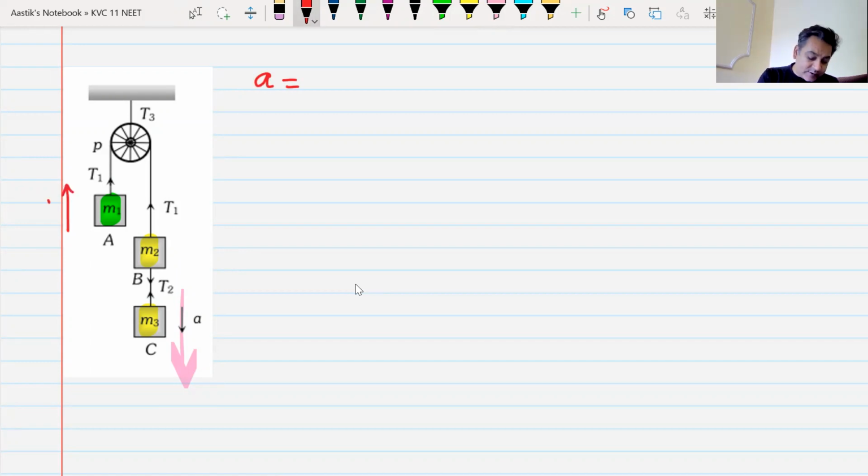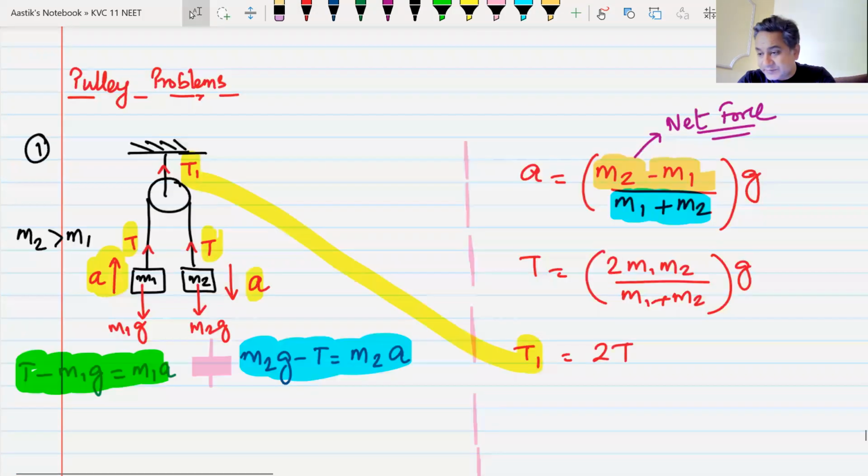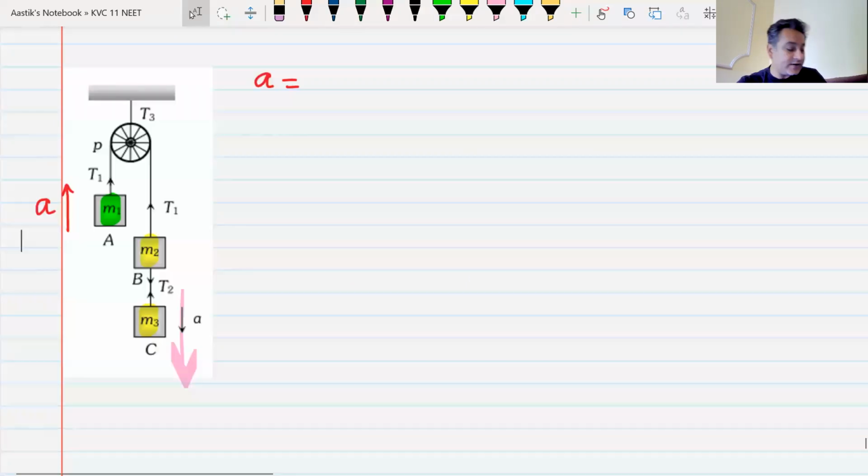This will move up with an acceleration a. I have told you the concept of how to get the acceleration. Can you now tell me, my dear friends, what will be the acceleration in this case? I wait for your answers.